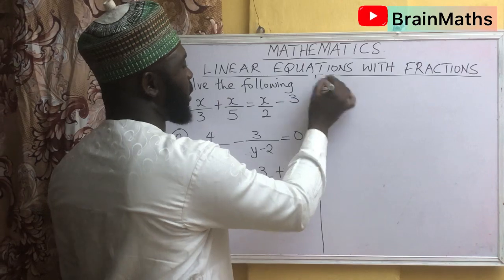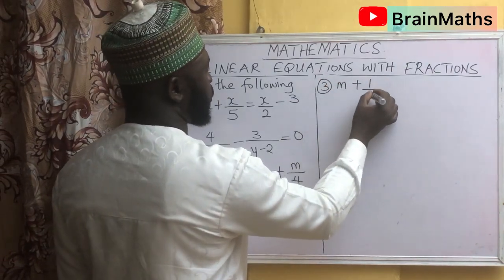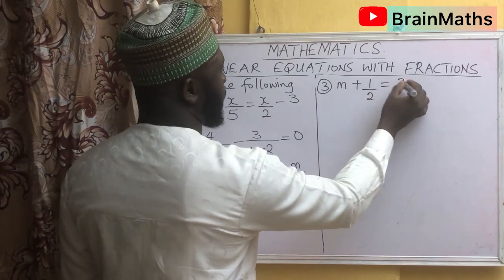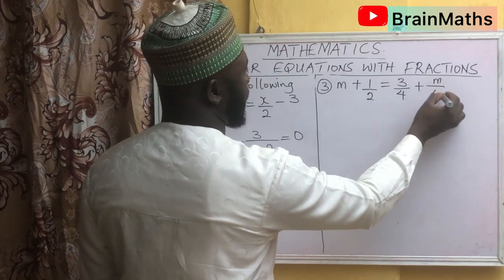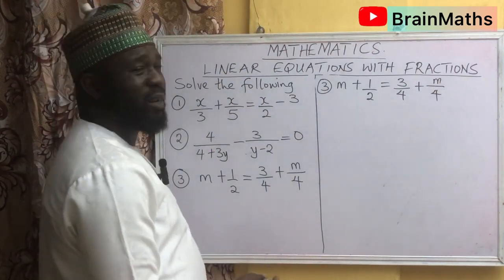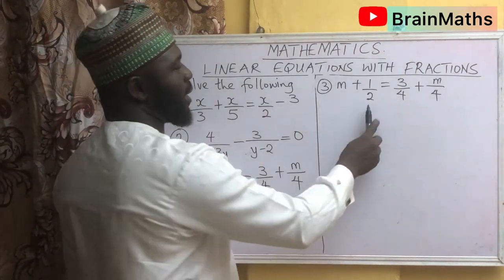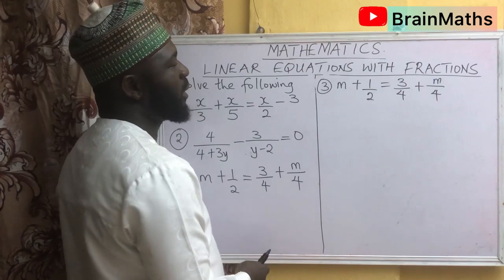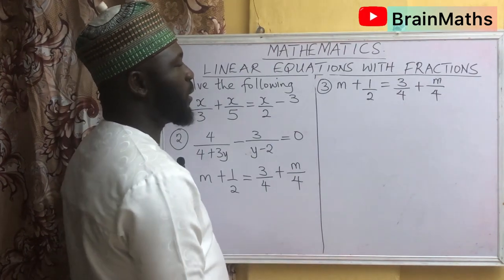Question number 3 says m plus 1 over 2 equals 3 over 4 plus m over 4. Now this is a WAEC question, and it's a very simple question at that. What we have to do here is to eliminate the denominators by finding the LCM of all the denominators.